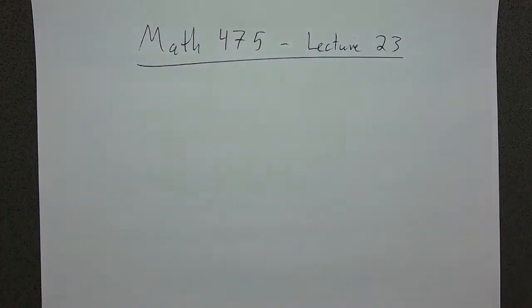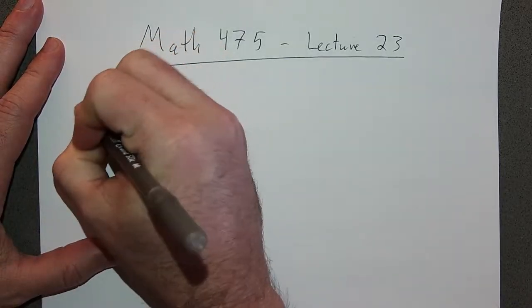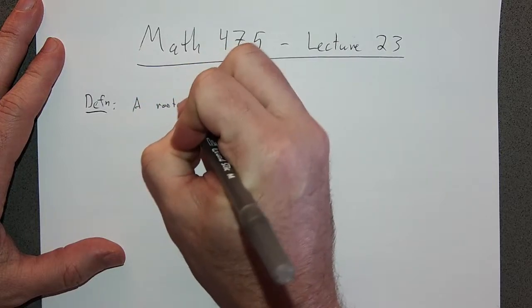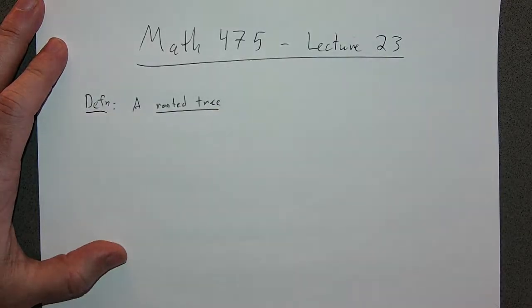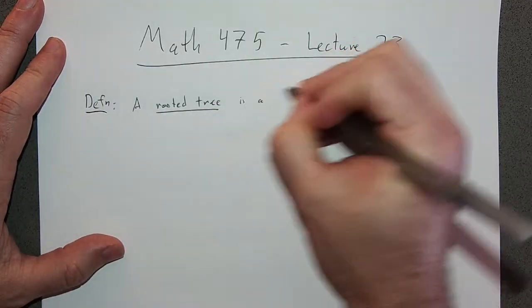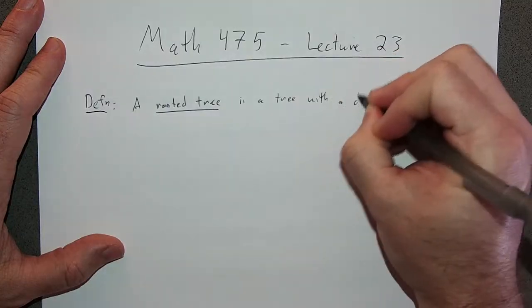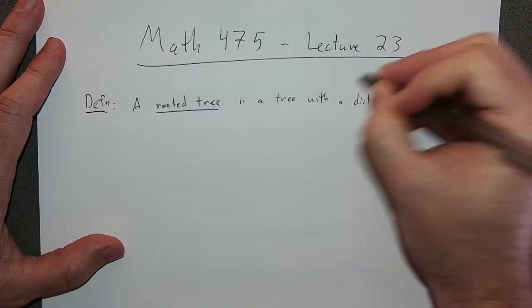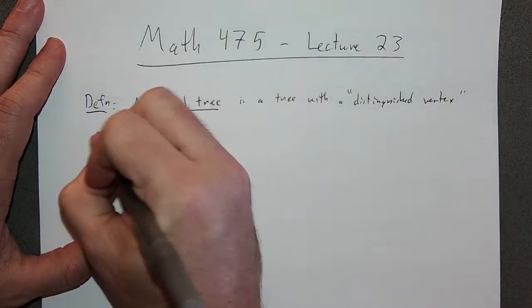So, I'm going to define a rooted tree. A rooted tree is a tree with a distinguished vertex called the root.